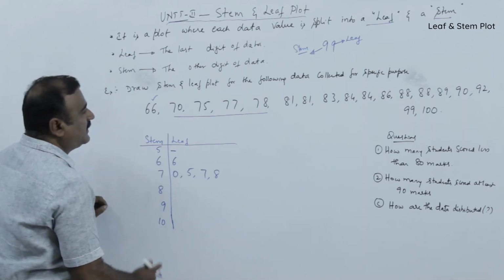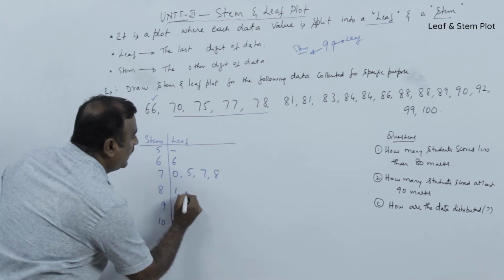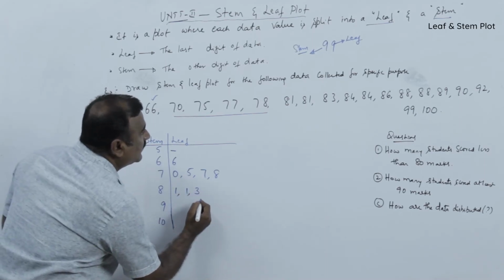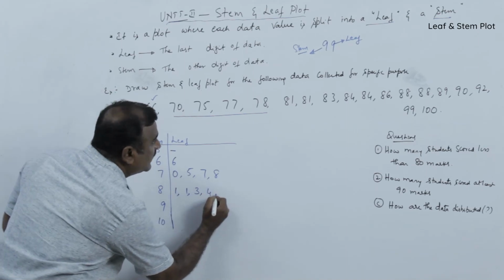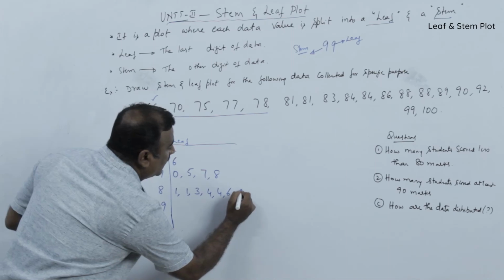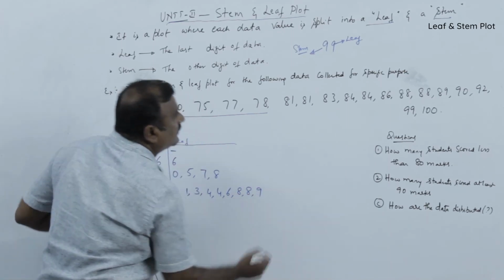Next, 80 is the stem, and the leaf portion is 1, again 1, 3, 4, lots of data, 6, again 8, again 8, and 9.